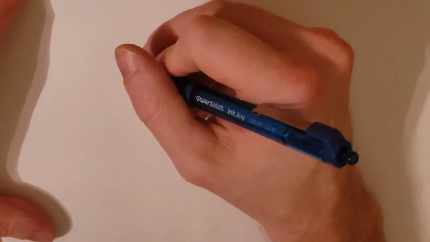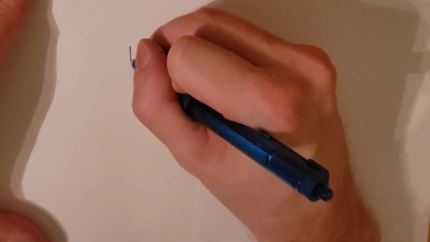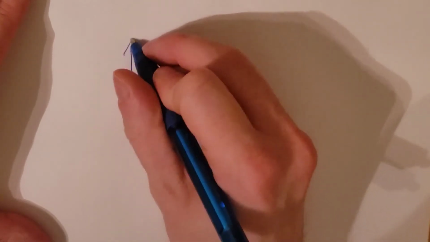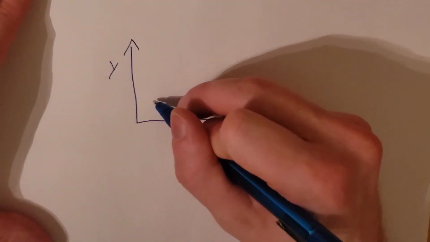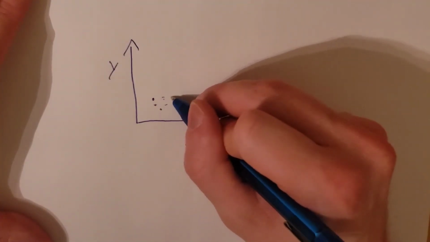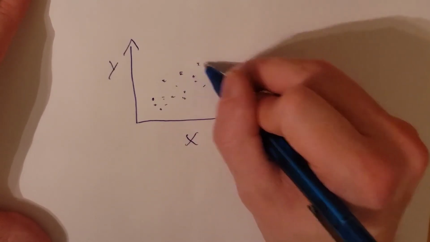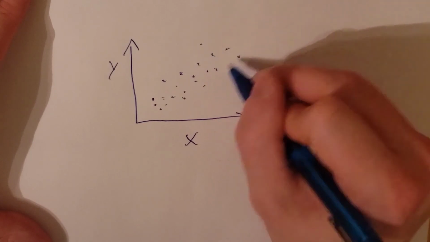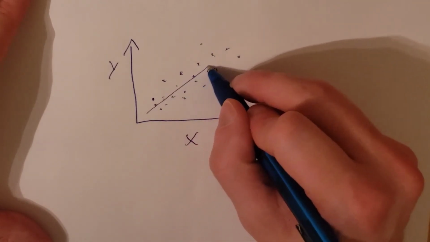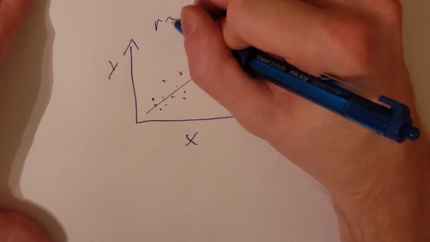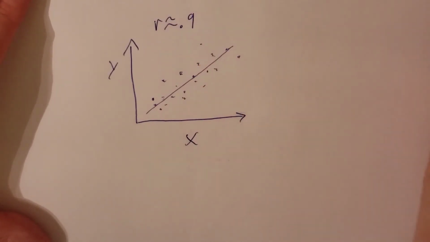Well, just to get a quick idea of what's going on, if we see a data set that looks like this, where it looks like there's a pretty strong correlation, then here r would be approximately 0.9.